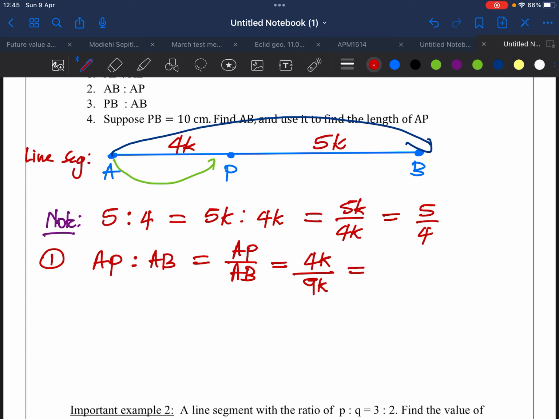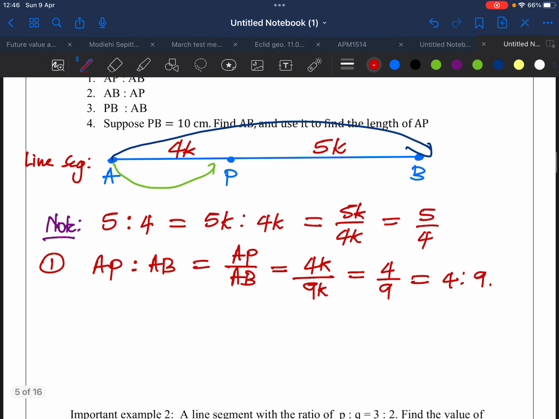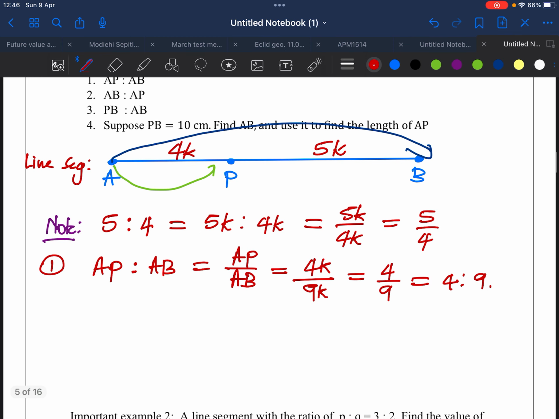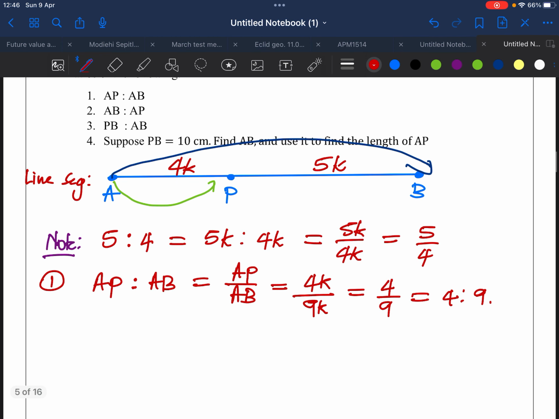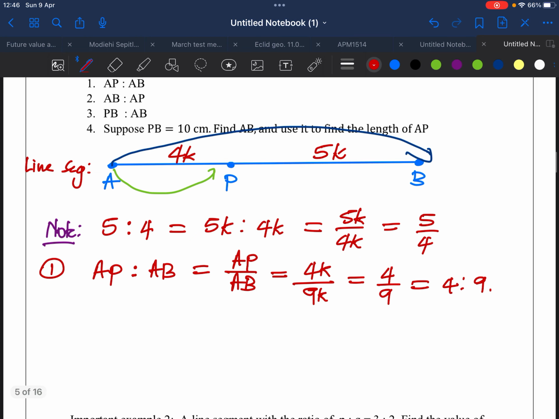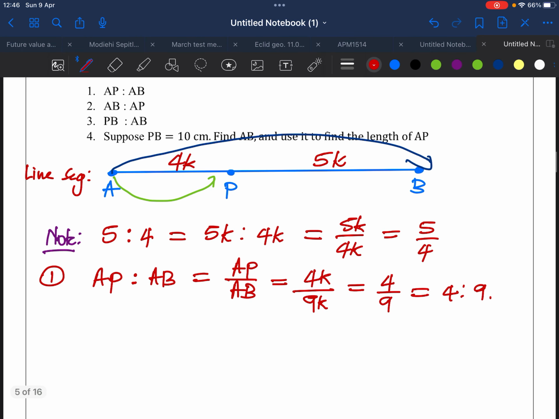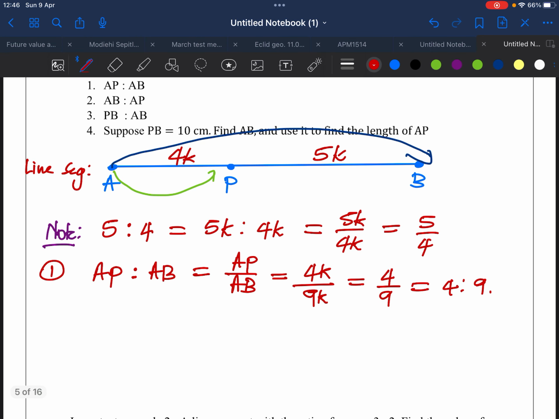So now we have 4 over 9, which is equivalent to 4 is to 9. So that's how you can solve AP over AB using this sketch. I hope it's clear to everyone that this is how we solve number 1.